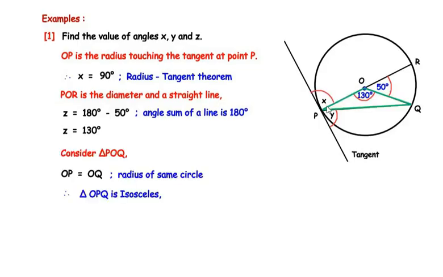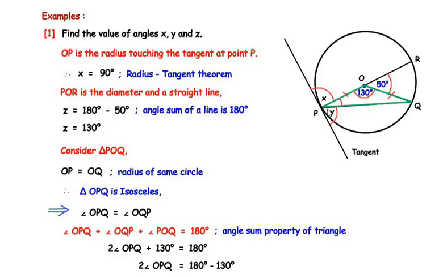Next, let us consider the triangle POQ. Now this triangle is going to be an isosceles triangle because the length of OP will be equal to the length of OQ, that is radius of the same circle. So here we have written triangle OPQ is isosceles. Now let us use the angle sum property of the triangle to find the small angle OPQ. Since this is an isosceles triangle, angle P, that is OPQ, will be equal to angle OQP.